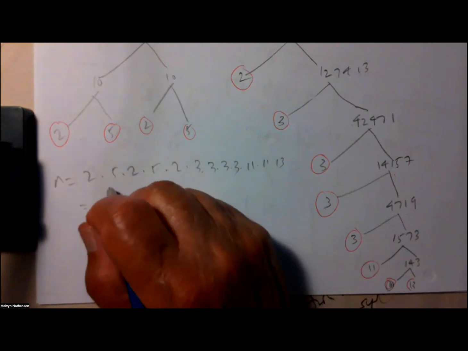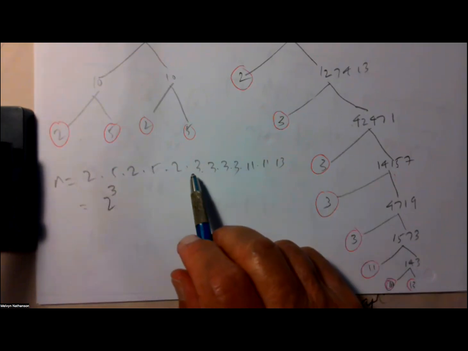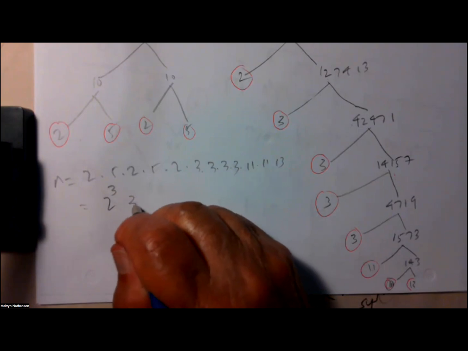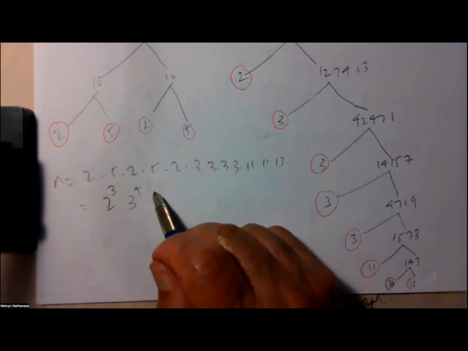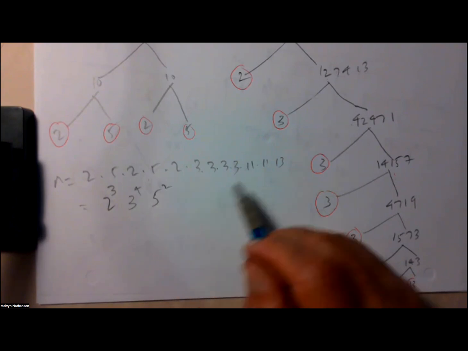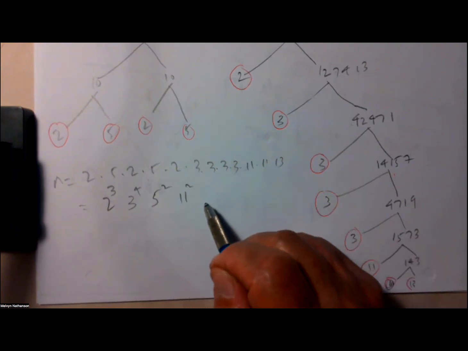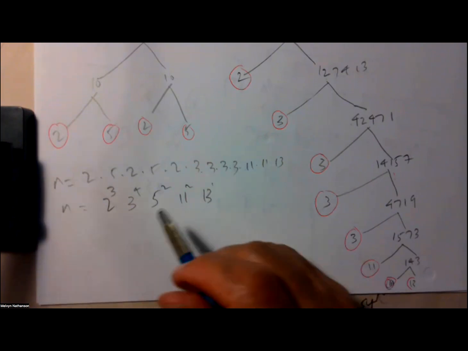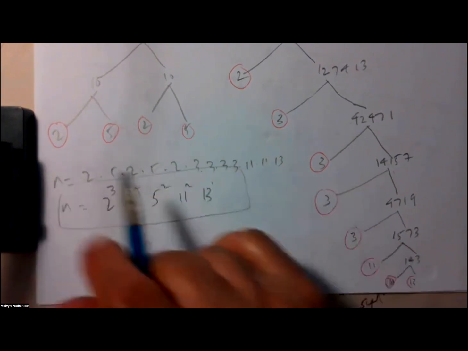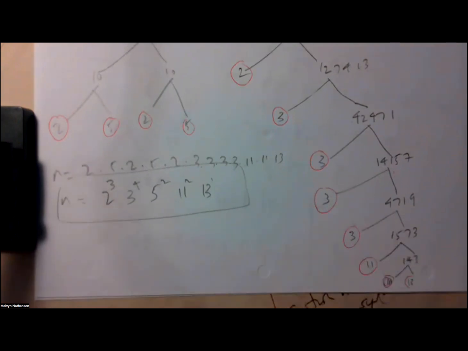This is 2 cubed. 3 to the 4th power. 5 squared. 11 squared. 13, which is the same as 13 to the 1st power. So this is the prime factorization of this number.